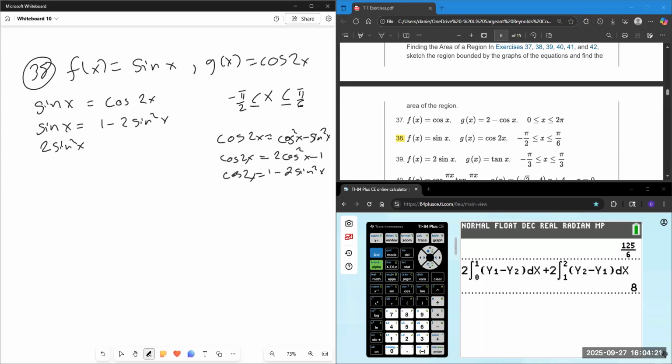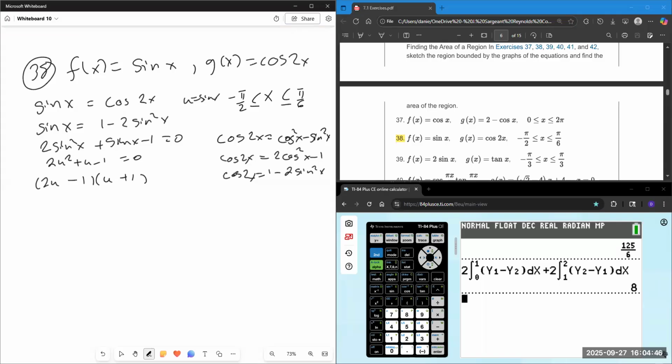Two sine squared x plus sine x minus 1 equals 0. U substitution, u is equal to sine x. 2u squared plus u minus 1 equals 0. 2u minus 1, u plus 1, so 2 minus 1 is 1.